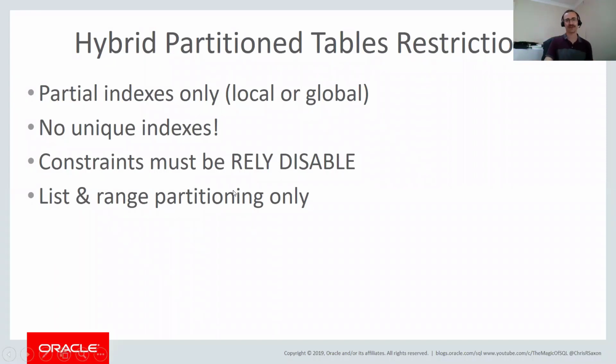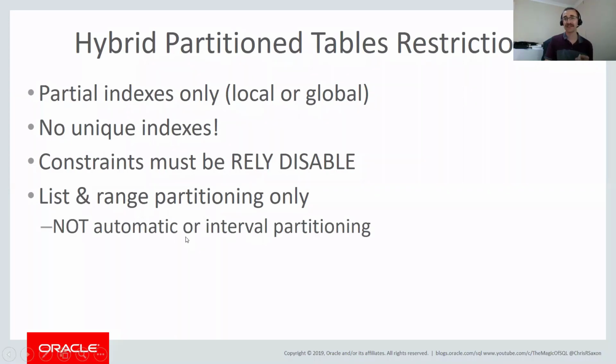So no hash partitioning. But when I say list and range partitioning only, that also means you can't have the manageability extensions for these. Automatic and interval partitioning are not currently available for hybrid partition tables. So be aware of that, particularly for range partition tables, where interval partitioning just makes things so much easier.